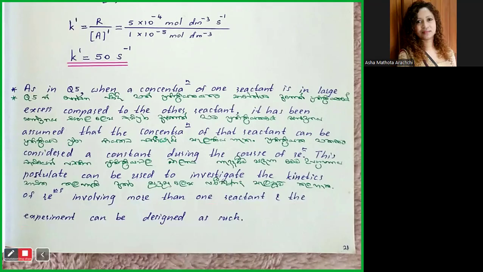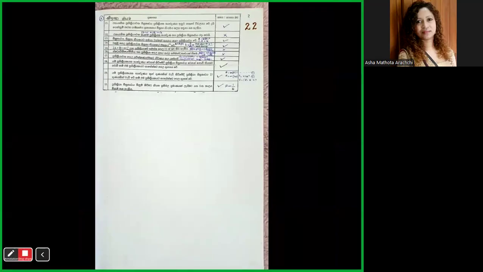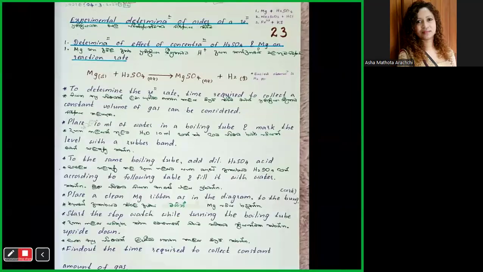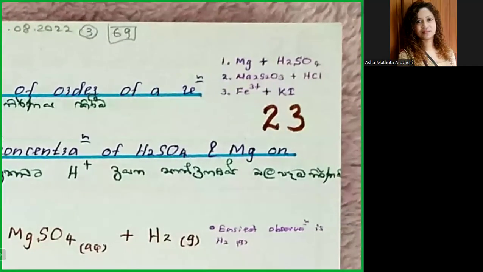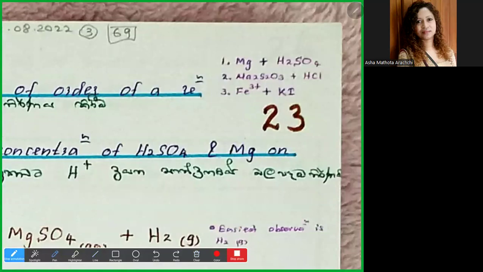As I have explained, there are three different kinds of reactions: magnesium and sulfuric acid, sodium thiosulfate and HCl, and ferric and iodide. In magnesium and sulfuric acid, there are two different reactants.